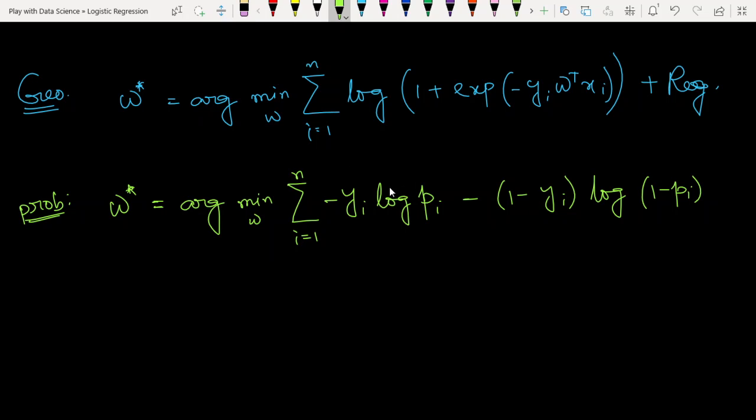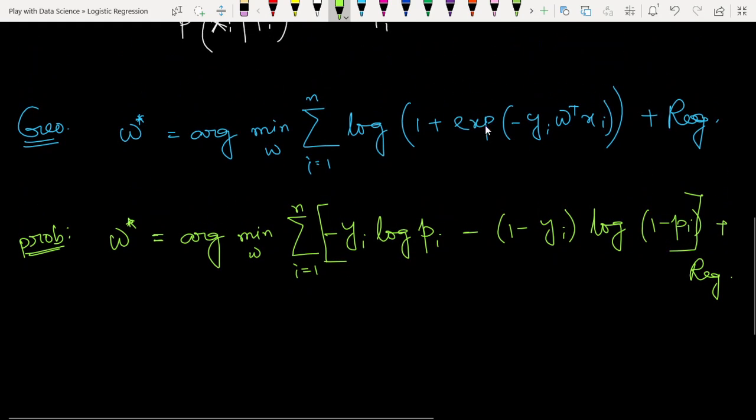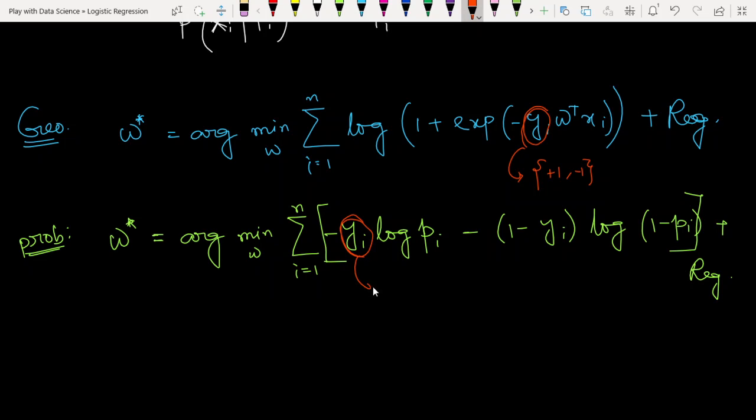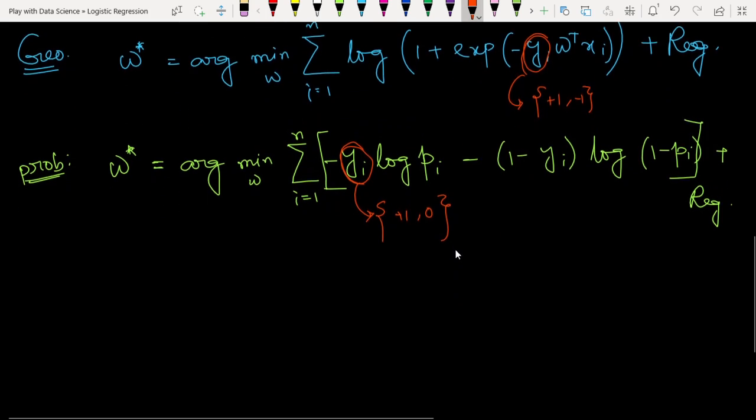Both equations are the same. One thing here: geometrically y_i carries two values, +1 or -1, but in the probabilistic approach y carries two values, 0 or +1. This is the main difference between these equations.